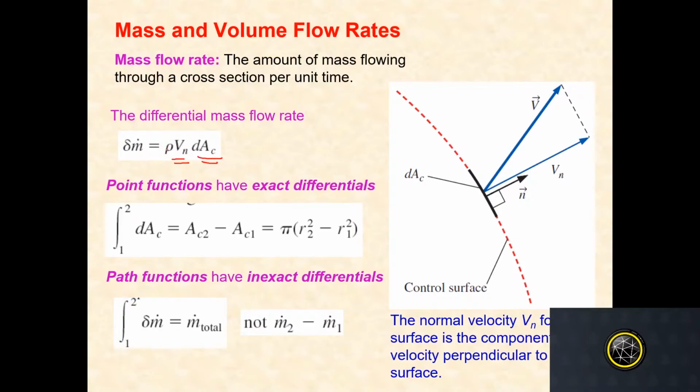The product of this velocity and area will give you the volumetric flow rate. And this is density. When you multiply density with volume, you will get mass. So just keep in mind that this V is velocity, not volumetric flow rate.